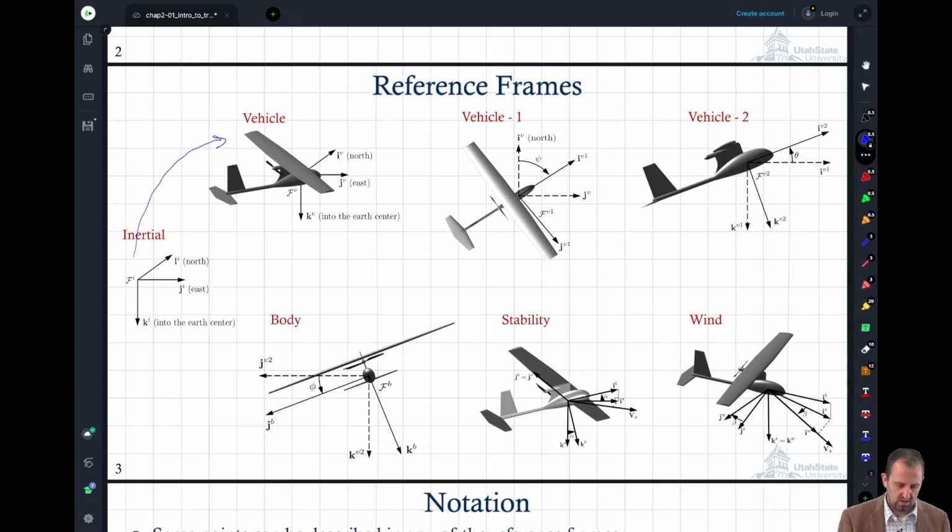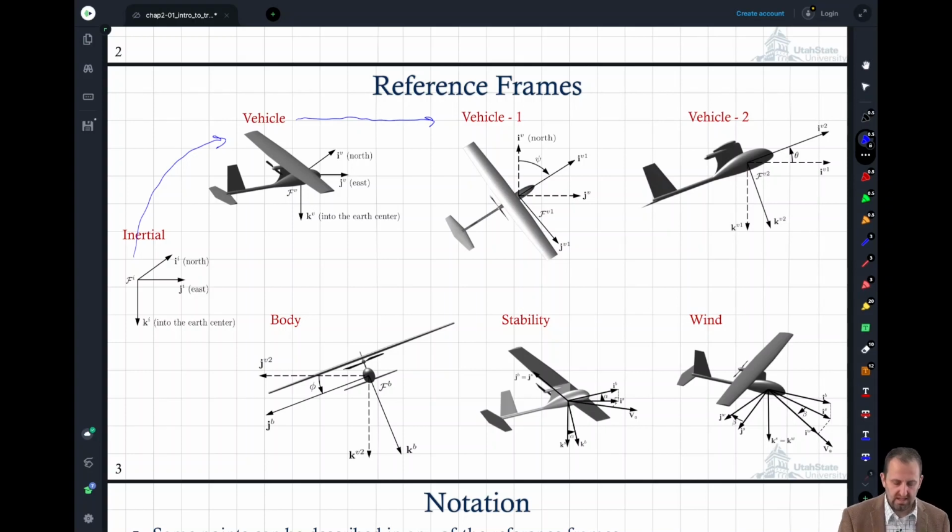Then we'll make another transformation. We're going to rotate about the z-axis. If we were to look at the top of the aircraft and project the aircraft into the north-east plane, then what we're doing to get our vehicle 1 frame is aligning the projection of the aircraft in that plane so that the x-axis is aligned with the nose of the aircraft.